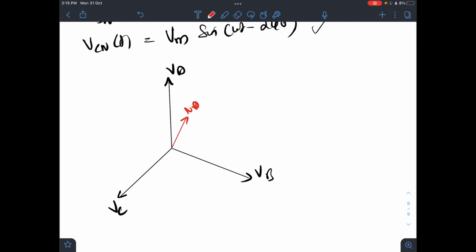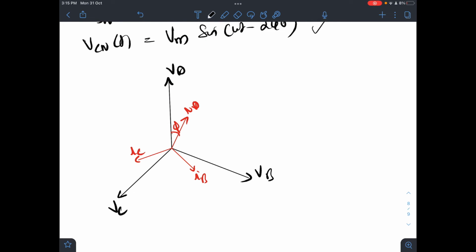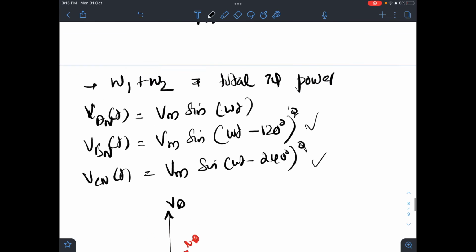Similarly, in a balanced load, I will have similar things for VB and VC. So this is my IC. These three currents are there like this, at an angle of phi. So this angle is phi. Now let us find out what these wattmeters are measuring.